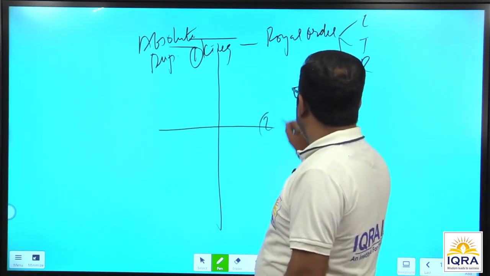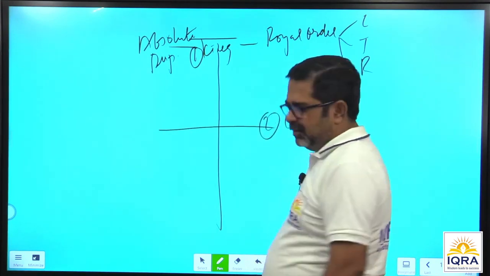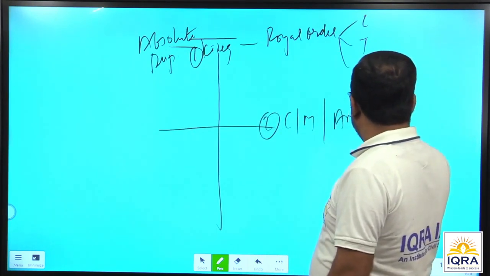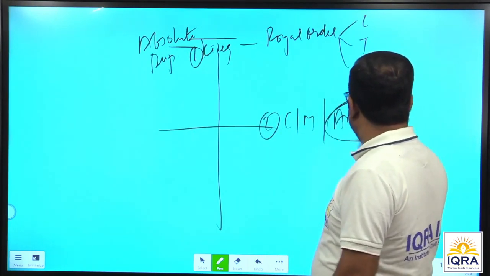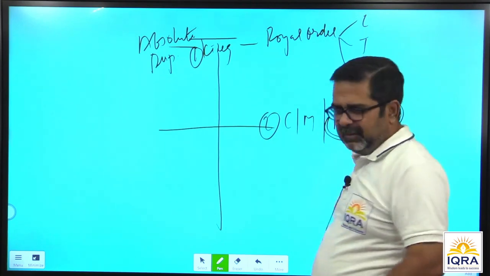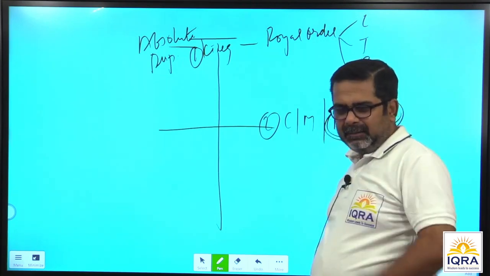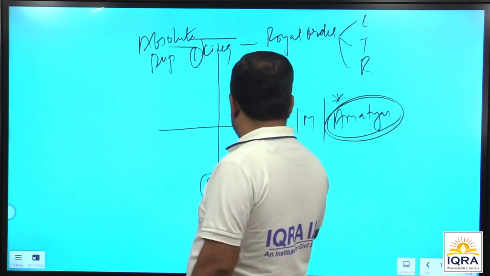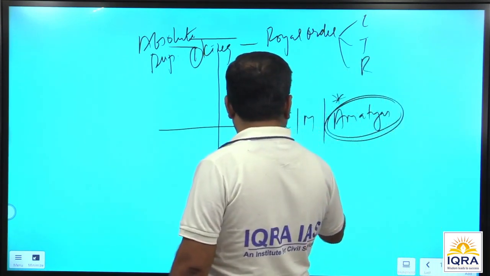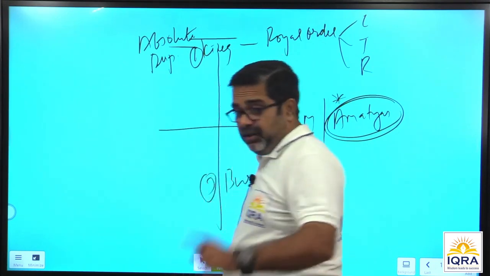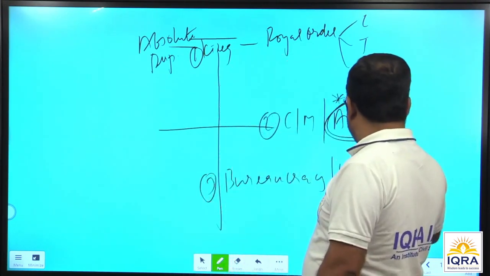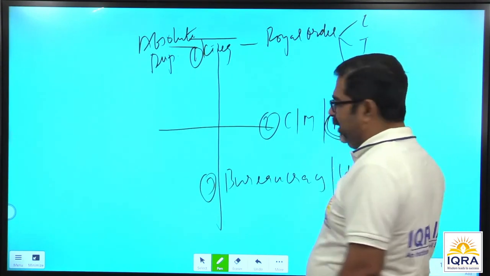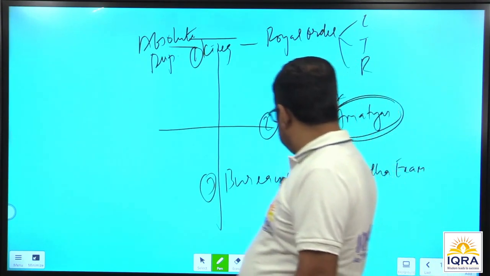Second limb, Council of Ministers. They were elected from Amatyas. Third, bureaucracy. Selection of bureaucracy, Upadhyay examination. 3 types.